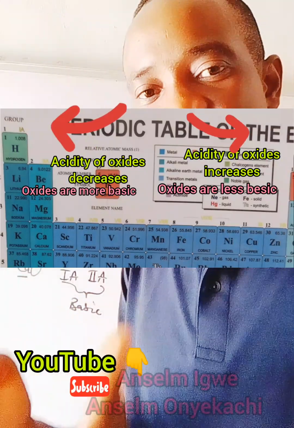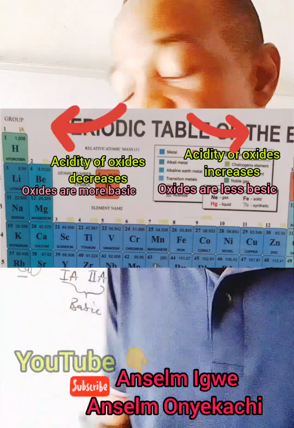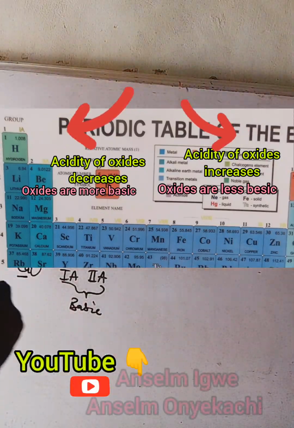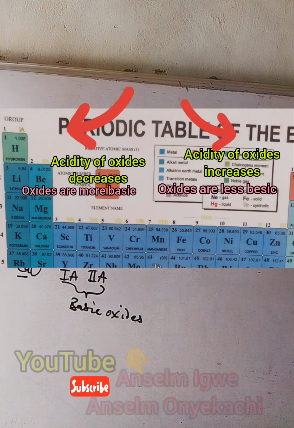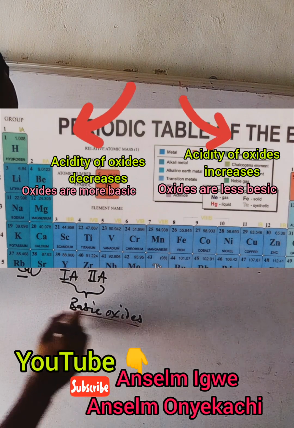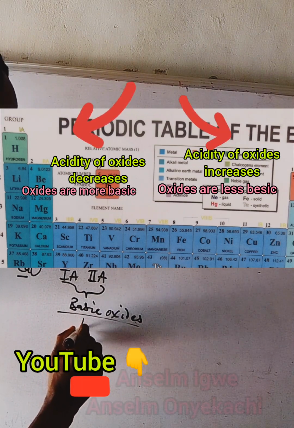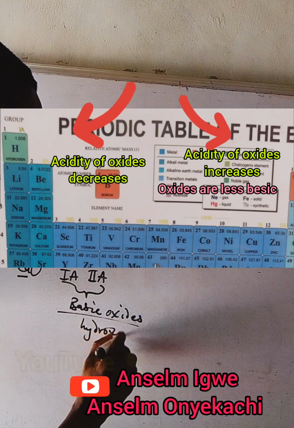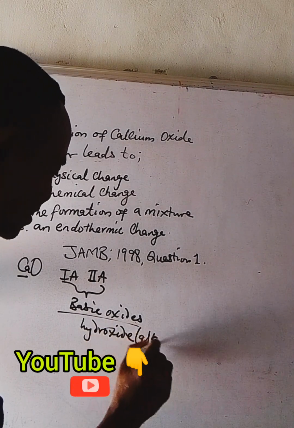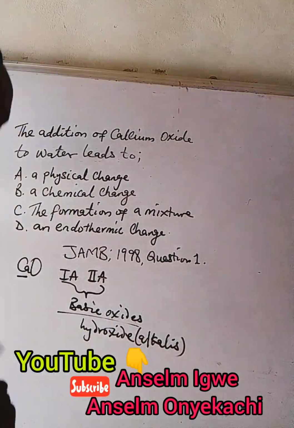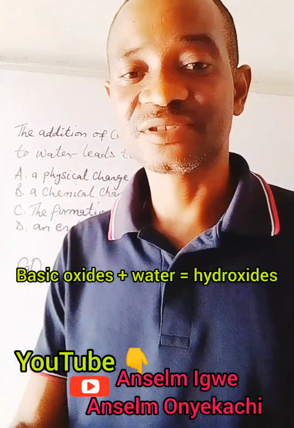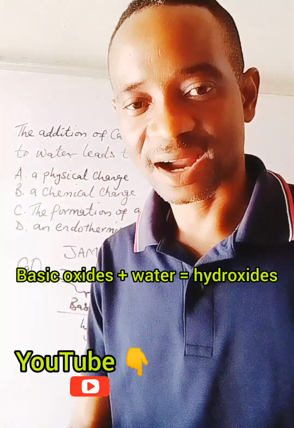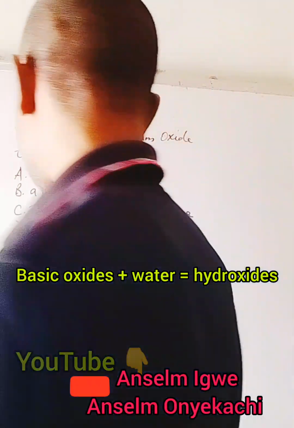So group 1 and 2 metals are highly basic, and their oxides are called basic oxides, meaning that when they react with water, they give hydroxides, which are alkalis. Basic oxides are oxides that react with water to yield hydroxides or alkalis. How does it happen?